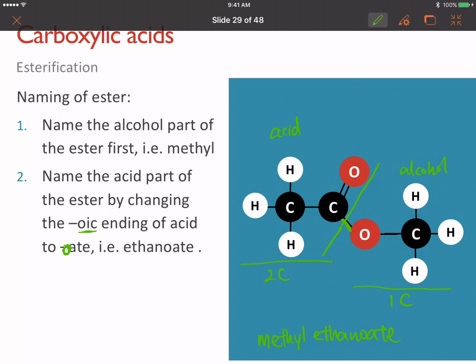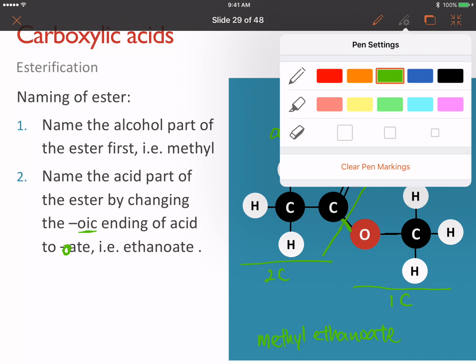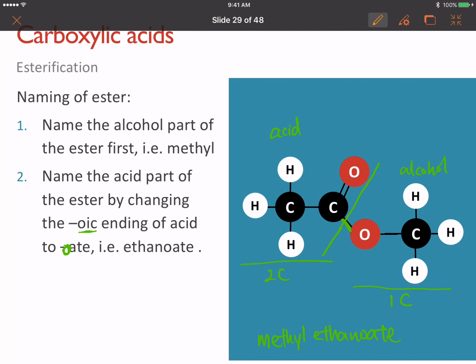So the name of this ester is methyl ethanoate. And this group here is known as the ester linkage. So the crucial thing for you is to know how to split it out into the acid part and the alcohol part.